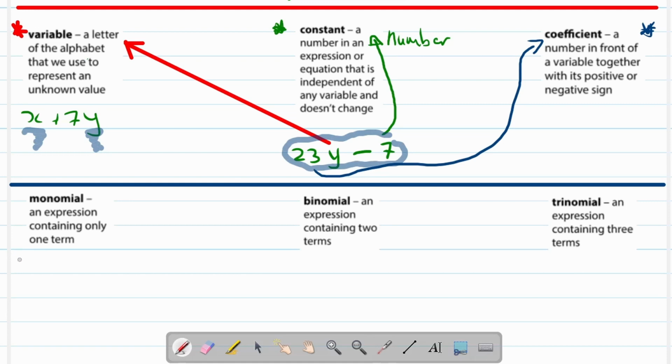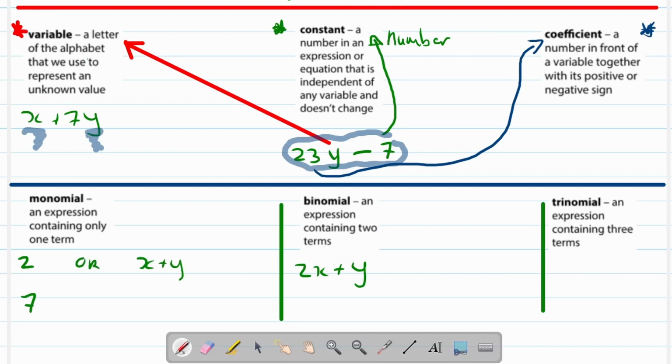So think of an example, 2 or 7 or anything like that. Binomial is 2x plus y. How many terms? 2. But very important over here, let me just draw a quick line over here and there. Let's say we've got an expression looking like this, x plus y in a bracket squared.